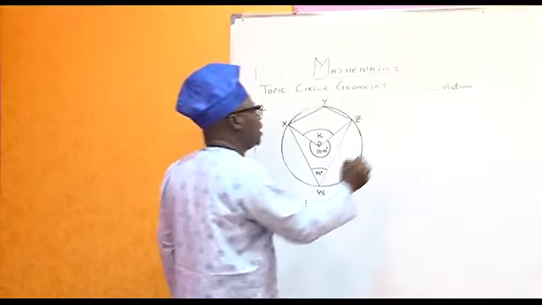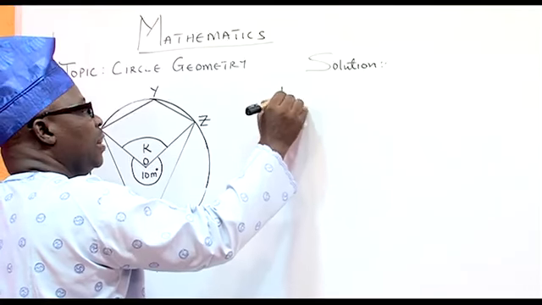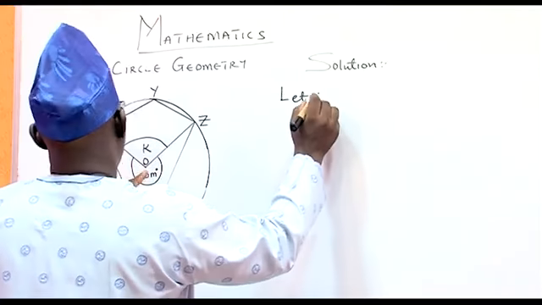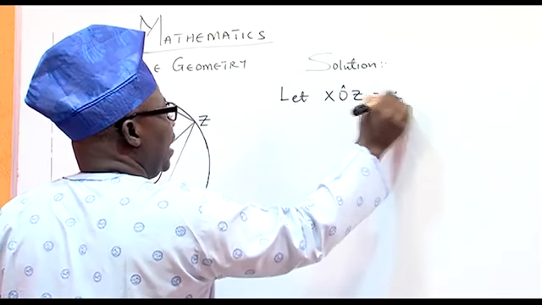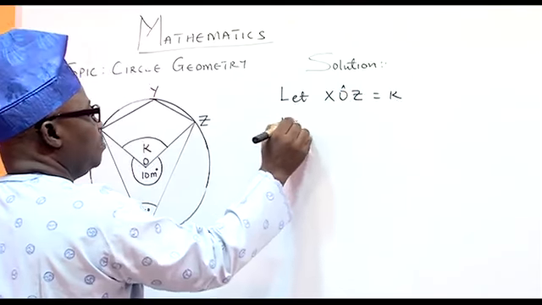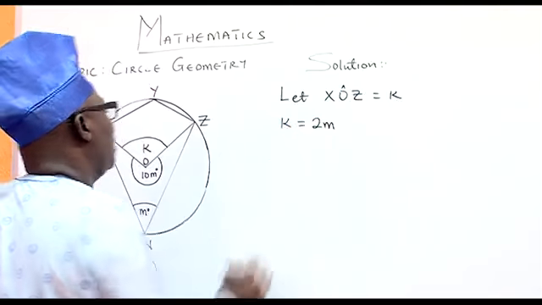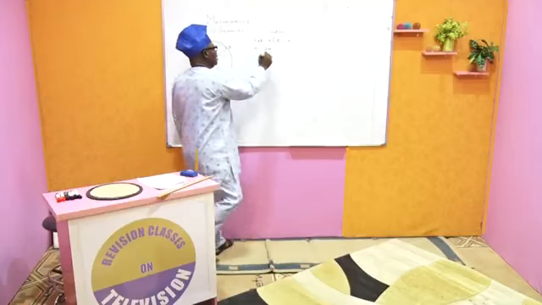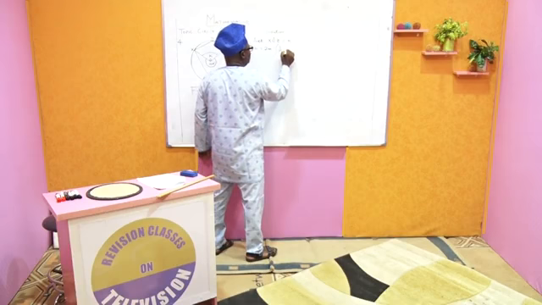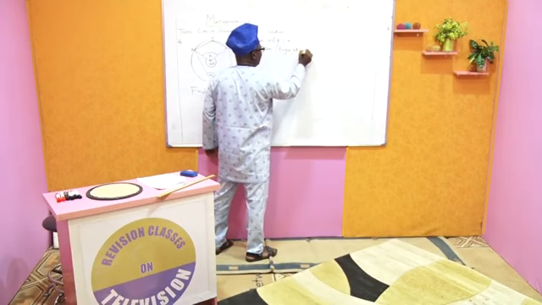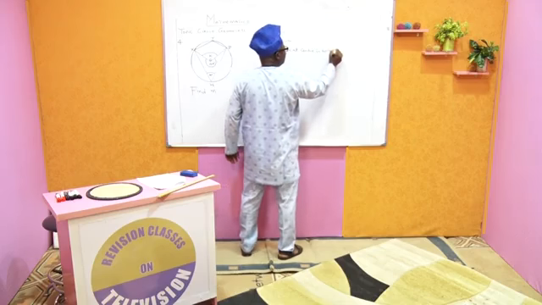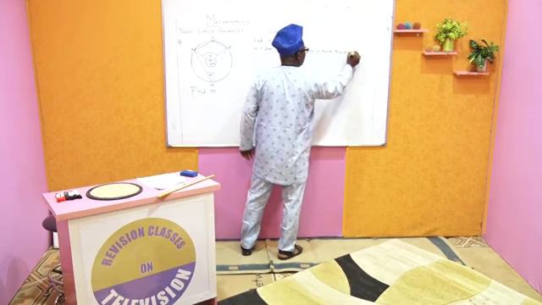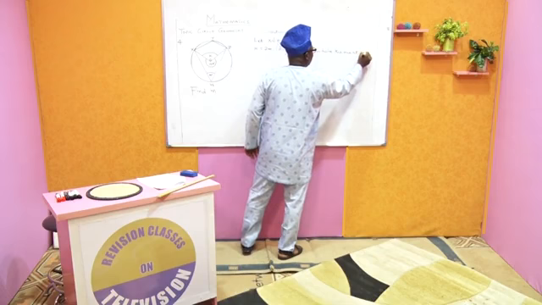So in that case, we can say, let angle XOZ be K. Then K is going to be 2M. The reason for that is that angle at center is twice the one at circumference.